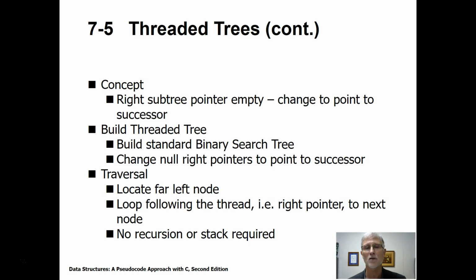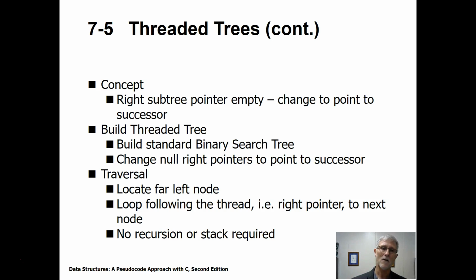So how do I build one of these things? You start with your binary search tree. You build it, adding items, looking at the sequence, and put them in their correct order. And then I change all the null right pointers to point to the successor. The question is, okay, how do I traverse such a beast?